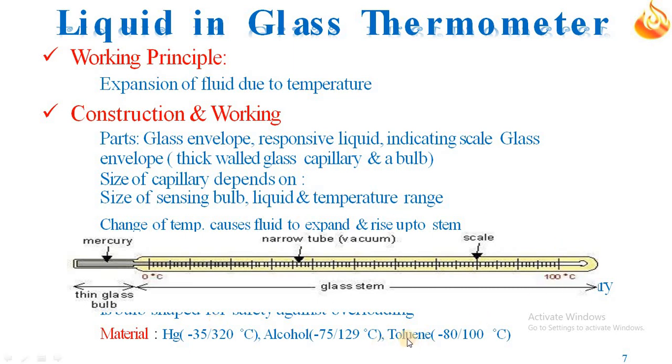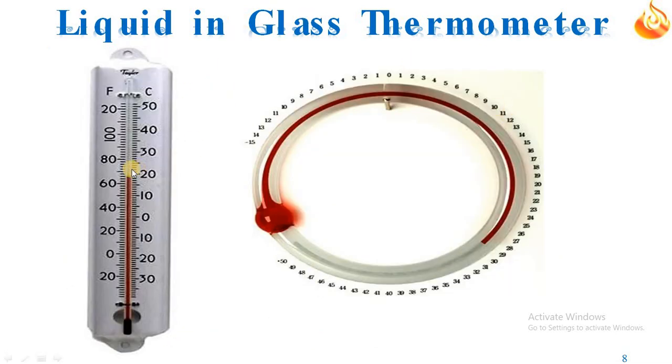Again, if we are using toluene, then it may have a temperature range from -80 to 100 degrees Celsius. So these are the temperature ranges. So this was all about liquid in glass thermometer. So here you can see the liquid in glass thermometer, which you might have already seen.